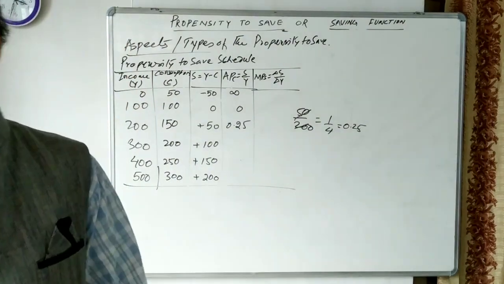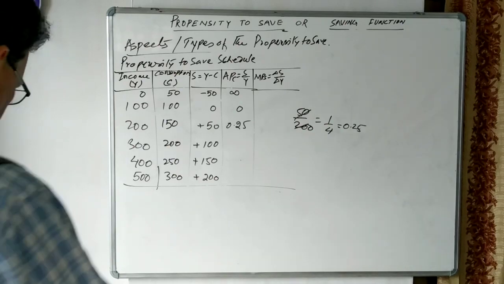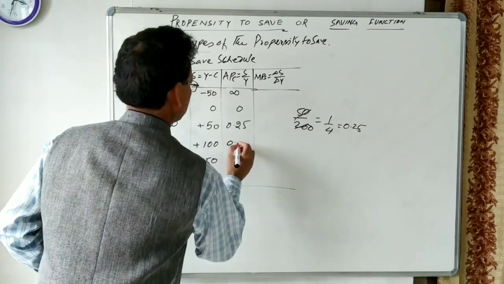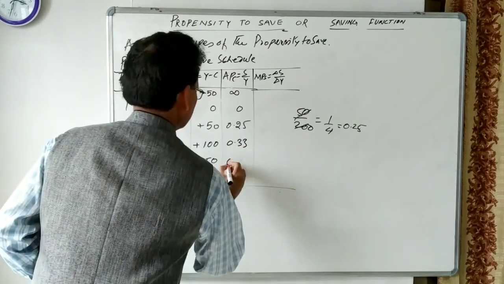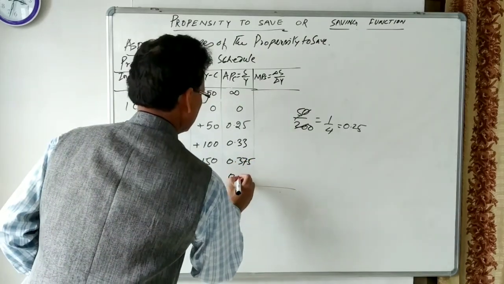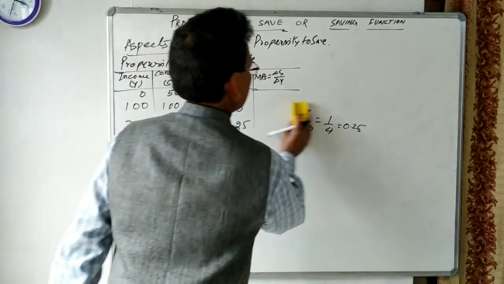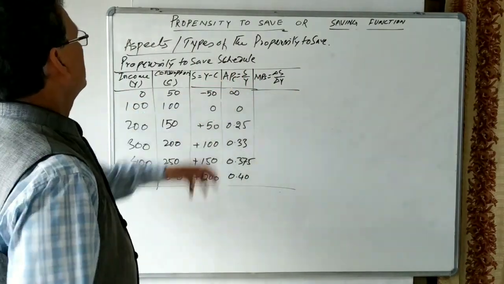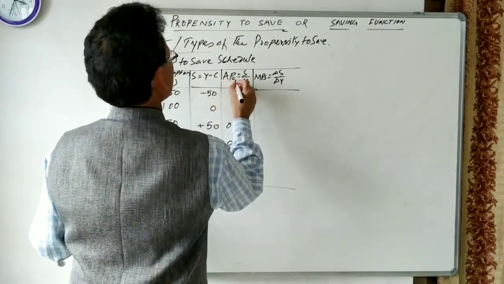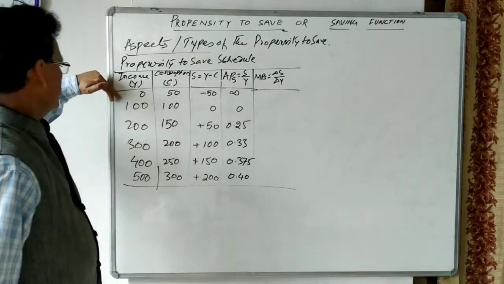If we go on increasing the saving, then certainly the APS will go on increasing: 0.33, 0.375, 0.40. If you calculate, you will find values like this. So what we have seen is that APS, the average propensity to save, goes on increasing when income increases.